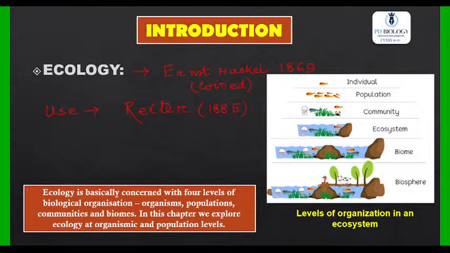So ecology is basically concerned with the four levels of biological organization: organisms, population, communities and biomes. So look at the diagram. Here you see the level of organization in an ecosystem.